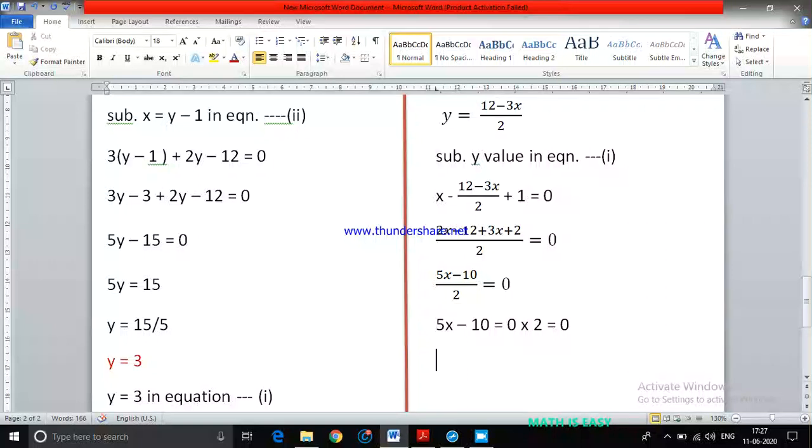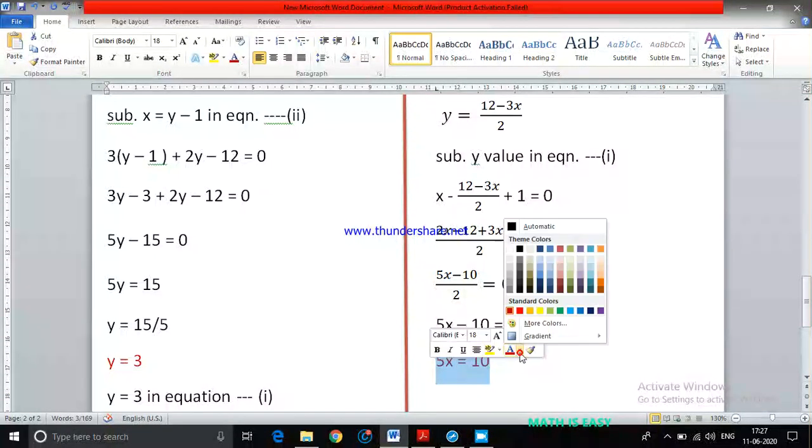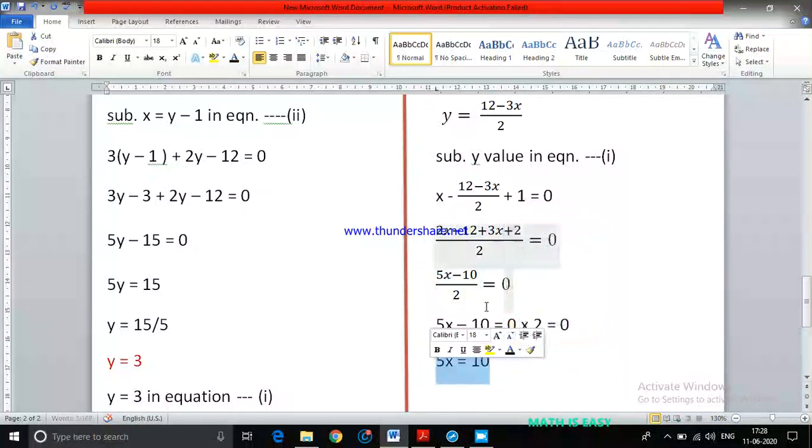Then I'll end with 5x will be equals to 10. Okay, 5x will be equals to 10. So hence, that implies, what do you get? x equals to 2.